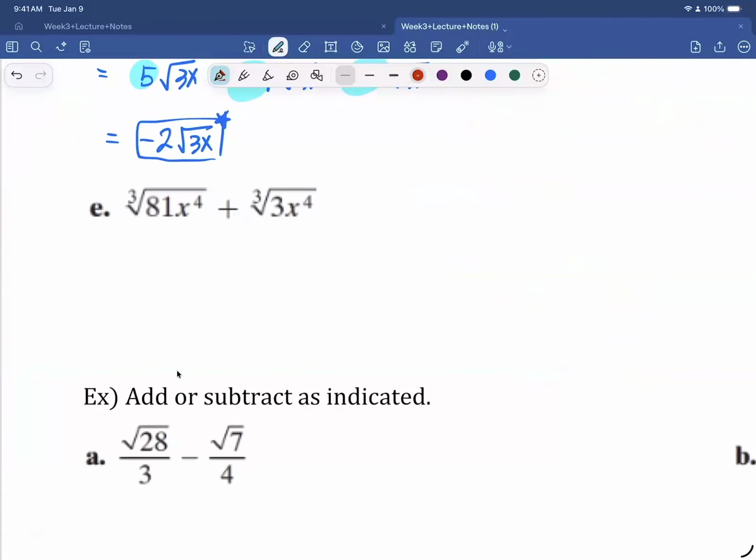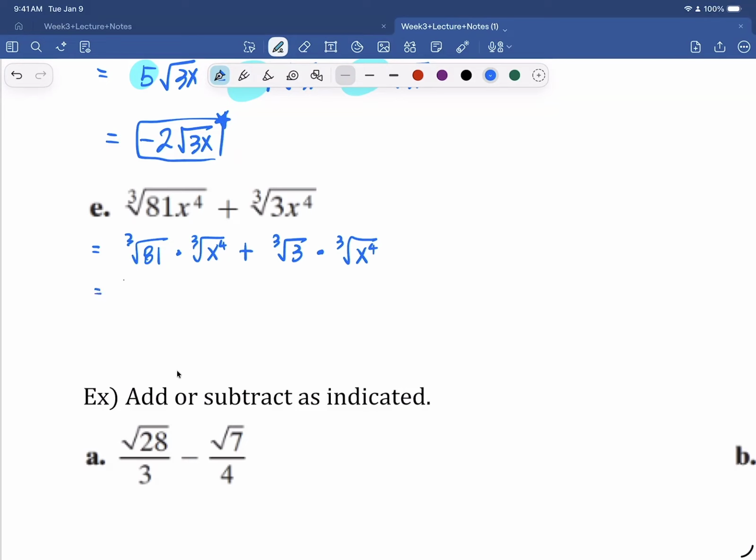The third root of 81x to the fourth, plus third root of 3x to the fourth. So this one, I'm going to split up the 81 and the x to the fourth, like that. And then 81, one of them is a perfect cube, so 27 times 3, right?